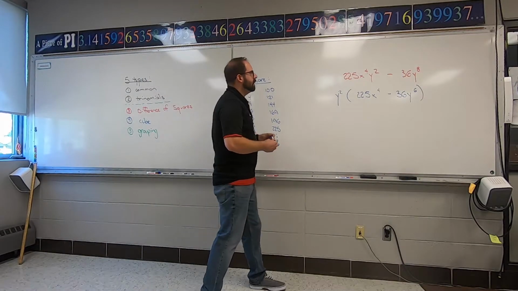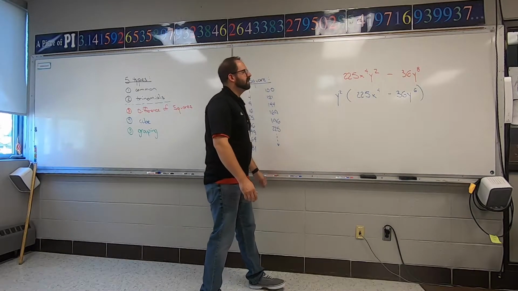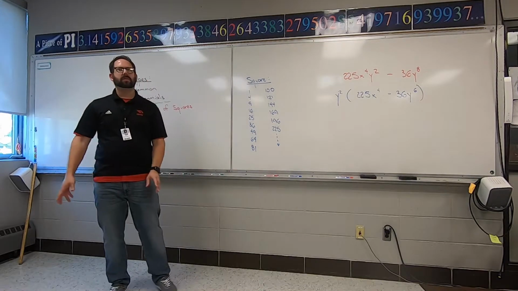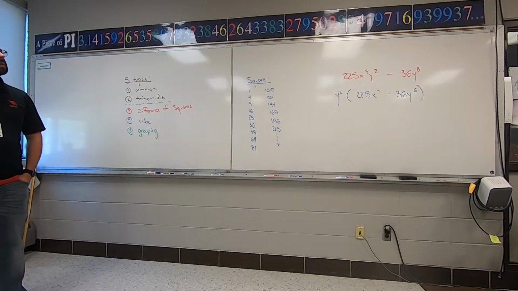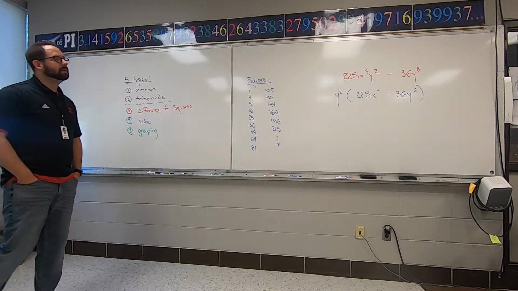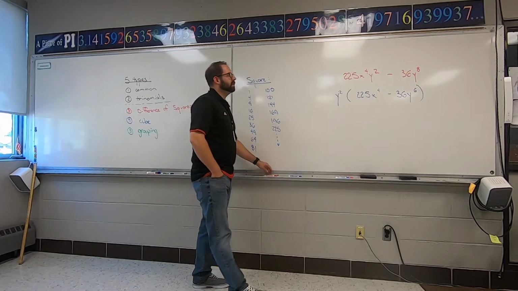225, it has a 15 in it, 15 times 15, and 36 is 4 and 6. I guess there would possibly be a 3 in 225, and there would actually be 9s, so I could pull out a 9 out of 225 and 36.